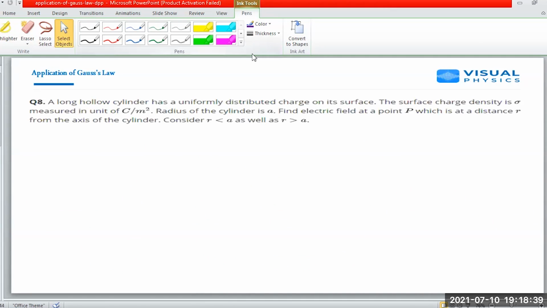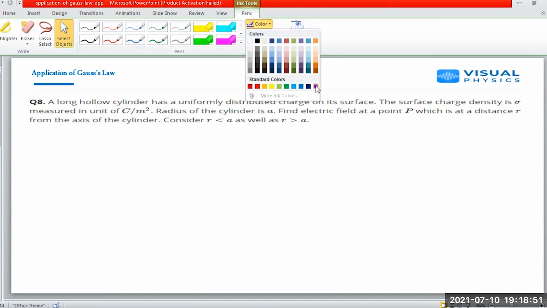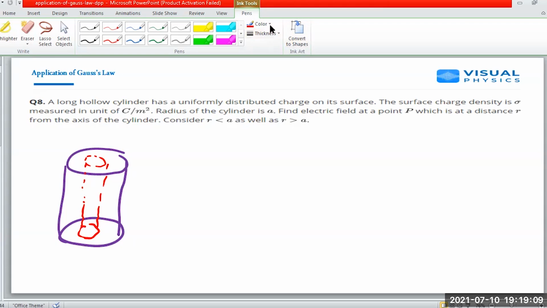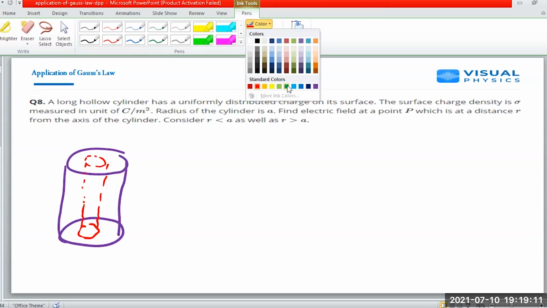Question number 8 is saying, again same like sphere, only in this case there is no sphere, it is a cylinder. Suppose I am given a cylinder. I have to consider two Gaussian surfaces. First surface is inside the cylinder, and second surface is outside the cylinder.